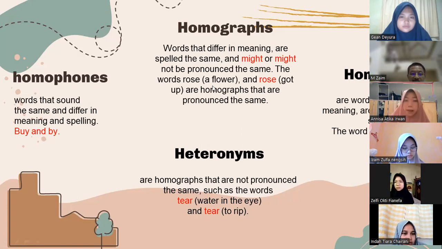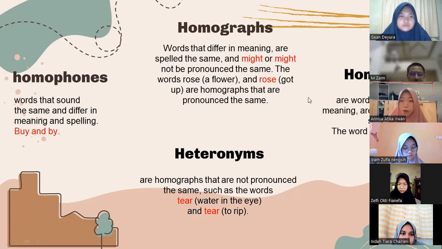But in the rose means a flower, and the rose means got up, are the homograph because they are spelled the same, but different in meaning. But homonyms are the words that differ in meaning and are pronounced the same.